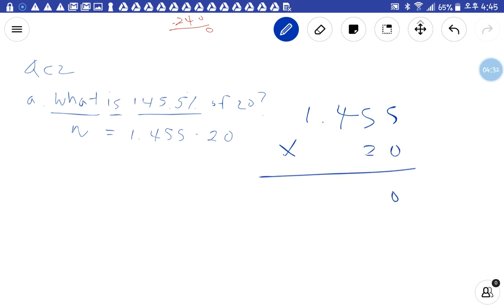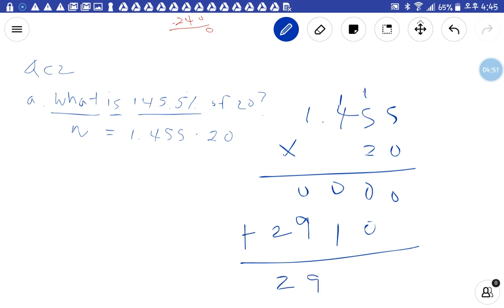You have 0, 0, 0, 0. And you have a 0. You carry 1 up. 1 times 2, 5 times 2 is 10, 11. 4 times 2 is 8 plus 1, 9, and 2. Adding them up, you got 29100. The decimal point: you have 3 places, 0 places.